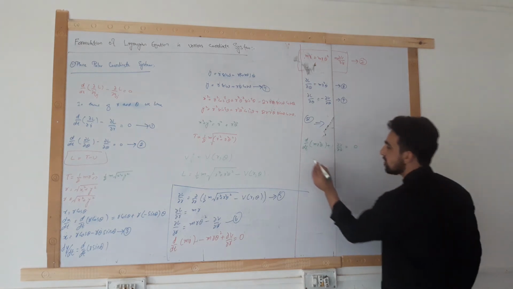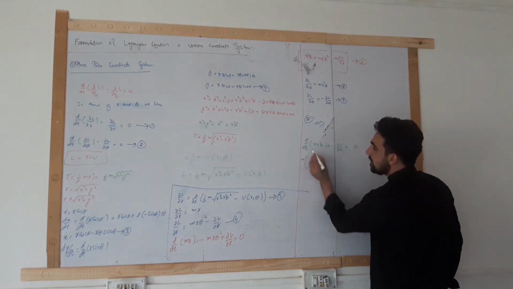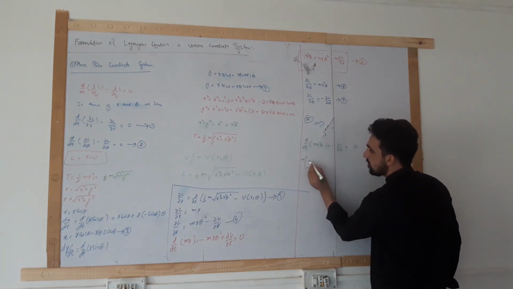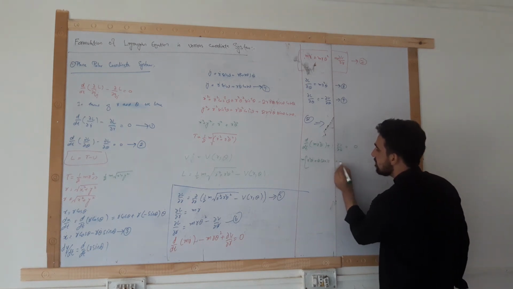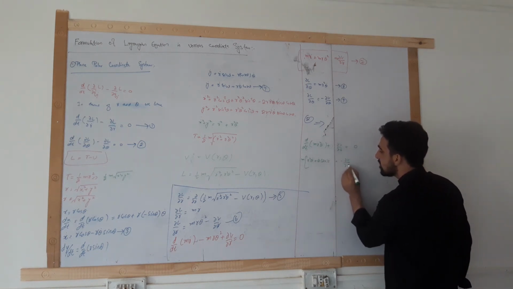So applying the product rule, m first into the derivative of second, this will become r squared theta double dot plus second into derivative of first, theta dot and 2r multiplied by r dot, is equal to minus partial V by partial theta.